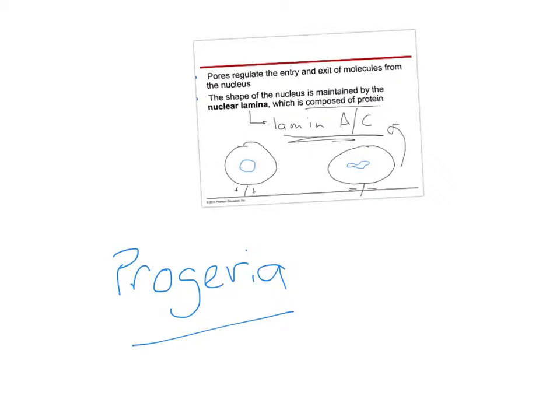All right. So those individuals who have progeria, progeria is actually what we call a laminopathy. You have a disruption in the lamin A gene. Your cells, right, don't divide the right way. Why don't they divide the right way? During mitosis, what happens? Cells replicate. And the nucleus has to be replicated.